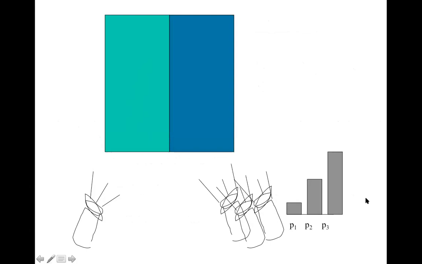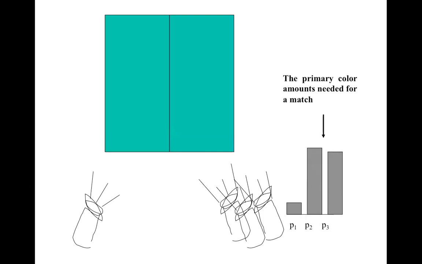P1 corresponds to red, P2 to green, and P3 to blue. If you increase the green at one point, you'll obtain the same color, meaning that the primary color amounts needed for a match are P1, P2, and P3 if you have used red, green, and blue.